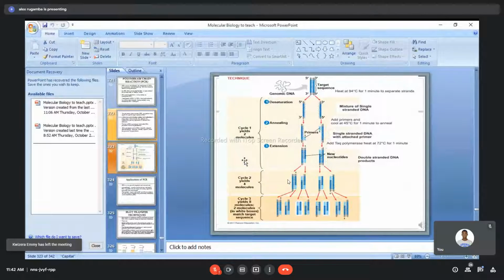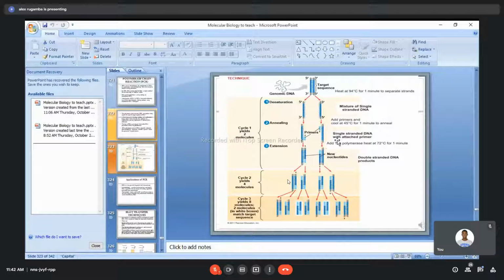So this is the PCR in brief. As you can see, we have our sequence here, our DNA, and then the first step is the denaturation. You heat at 94 degrees for 1 minute, and then we separate into 2 strands. Then we mix in the single-strand DNA with a mixture which has the primers, called the master mix.